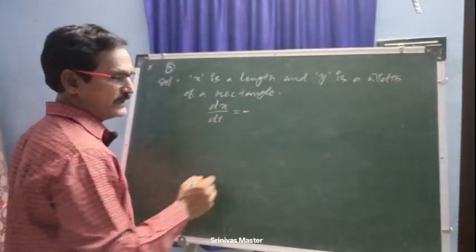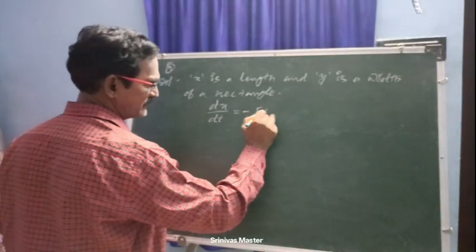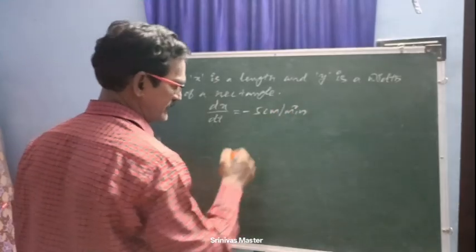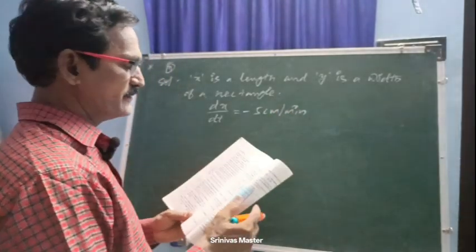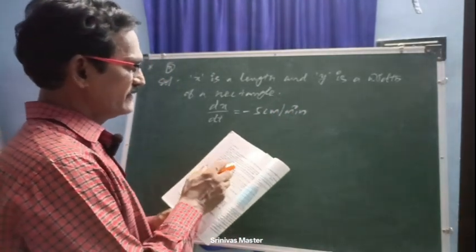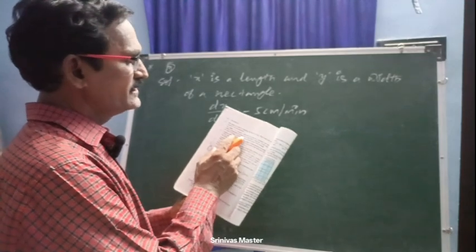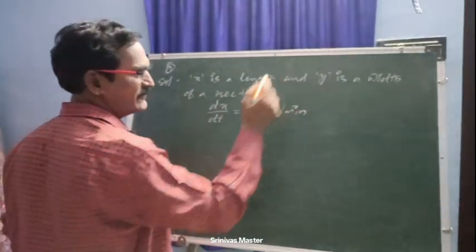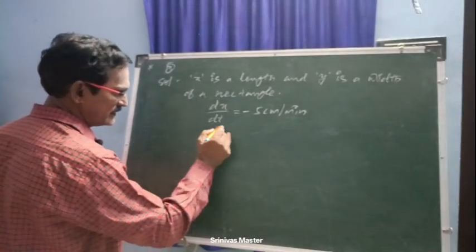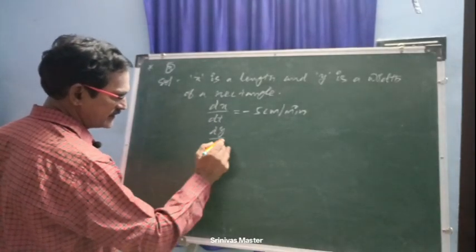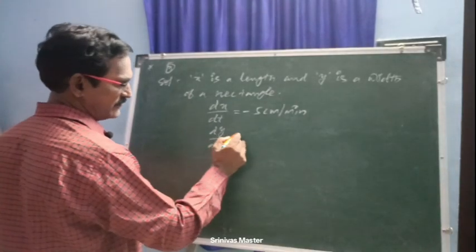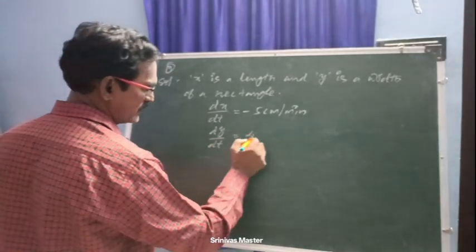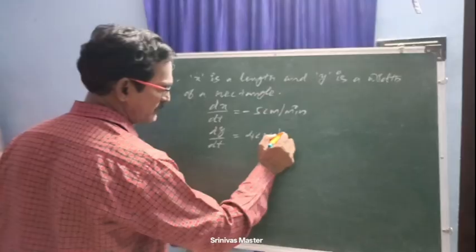Decreasing means minus 5 centimeter per minute. And the width is increasing, how much? 4 centimeter per minute. Width is y, that means dy by dt, the rate of change in width, that means in the breadth, is 4 centimeter per minute.